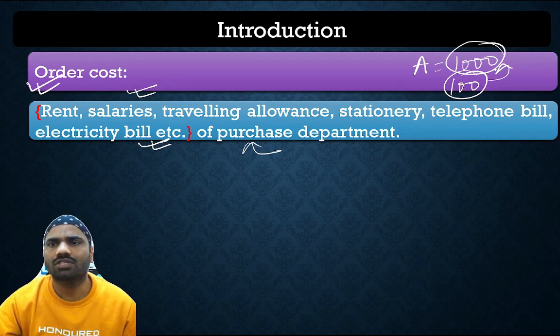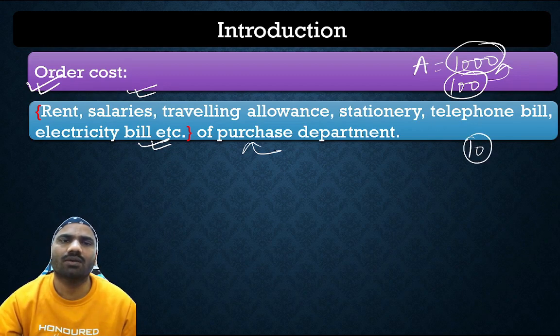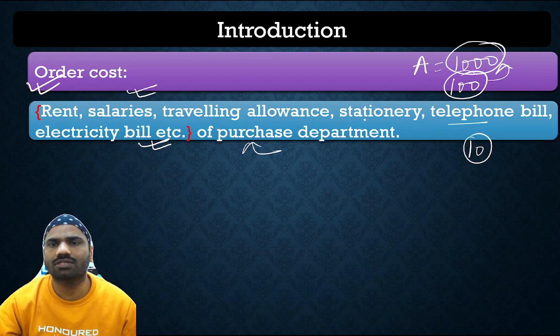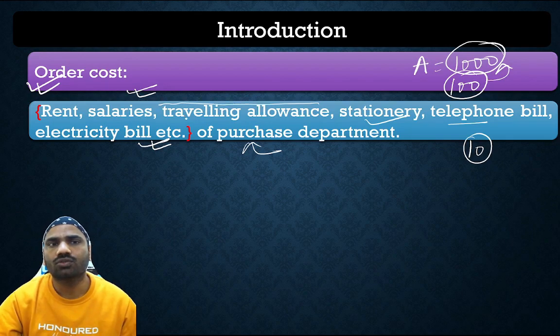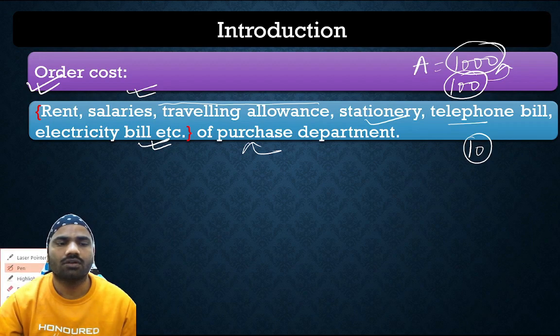For satisfying the 1000 annual demand, you have to place 10 orders, and for those orders you have to pay extra costs like telephonic cost and stationery bill. If some person goes to purchase that quantity, you also have to pay traveling allowance for that employee. That cost will also come in the ordering cost.